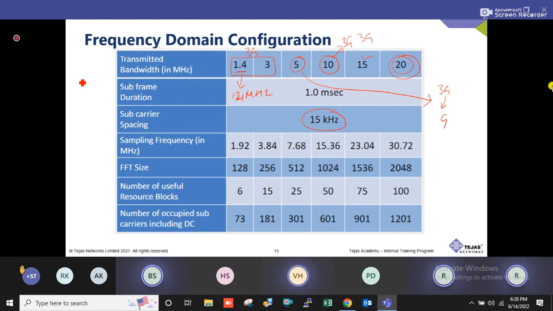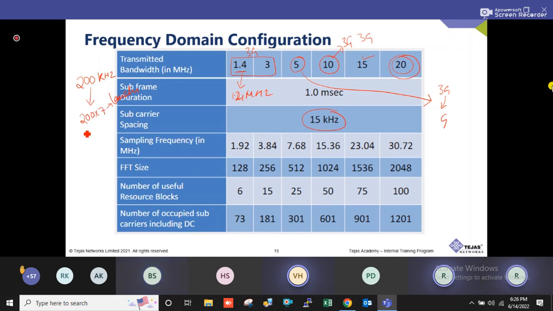Okay. See, if you remember, the bandwidth for GSM was 200 kilohertz. And yesterday I had discussed that to launch a network in 2G, an operator got 200 into 7 such frequencies. So in 2G, to launch a network, an operator was allocated at least 7 such frequencies.